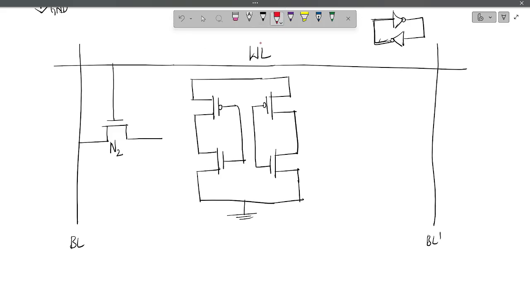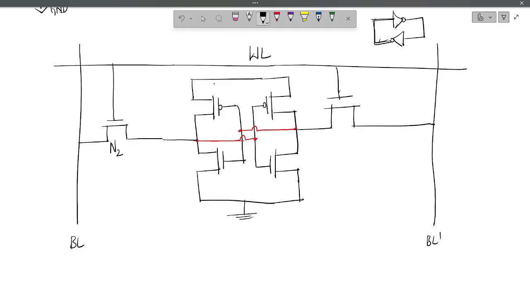So here, this input is connected to this output, and similarly this output is connected to this input. Like this it is connected. And here one more pass transistor, an NMOS transistor, connecting like this.